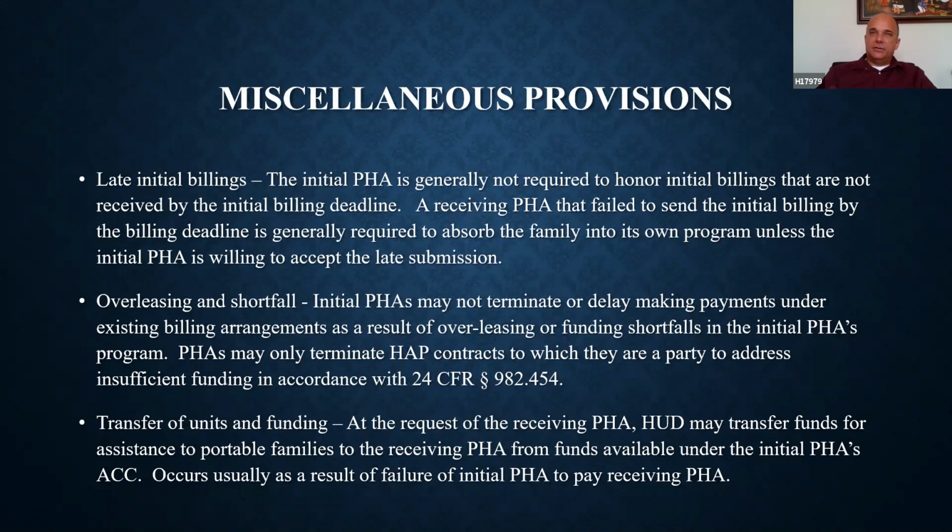Okay, so essentially what's happening is we have an initial PHA that is simply not responding to billing statements from the receiving PHA. The receiving PHA can request that HUD transfer either or both the funding and ACCs to the receiving PHA. I think this is kind of rare. It's not something that we do. It's not something that we like to do, but it is a remedy that we have if this situation takes place.